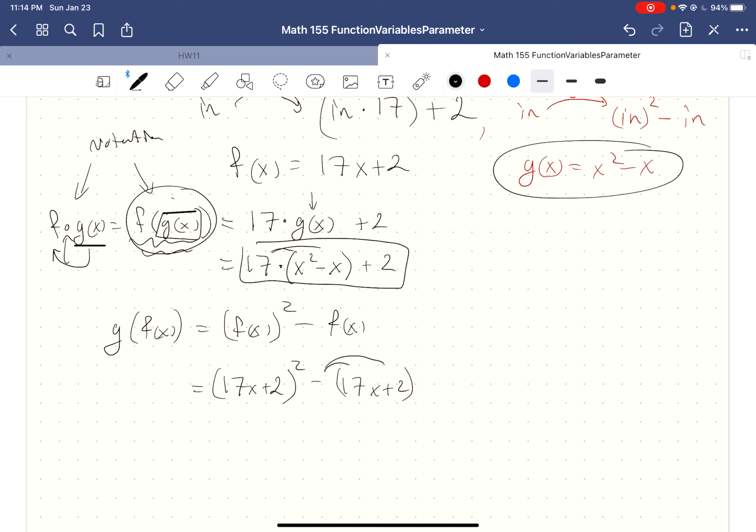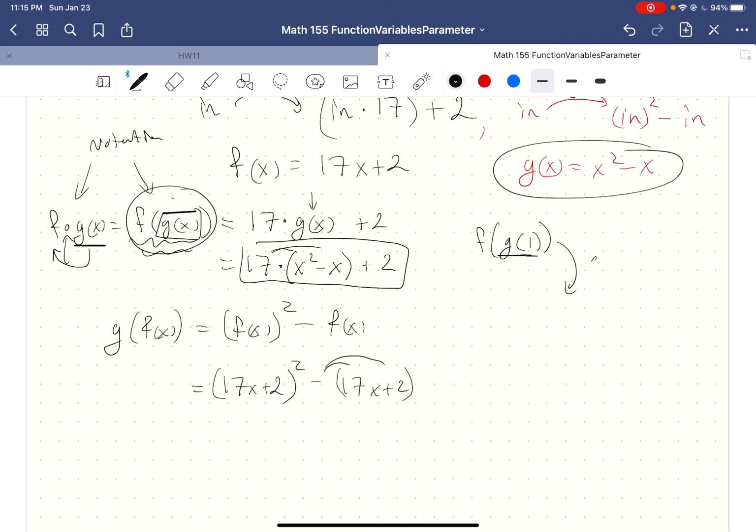Let's look at computing something. So, for example, if I have f of g of, let's do 1. f of g of 1. Okay. So I'm going to work from the inside out. I first need to find out the output of g when the input is 1.